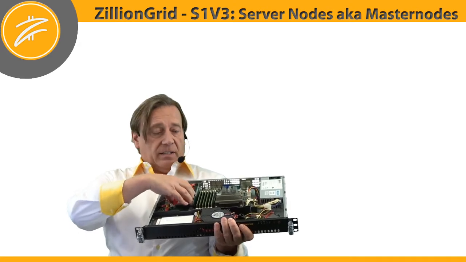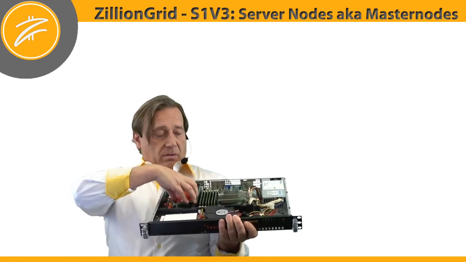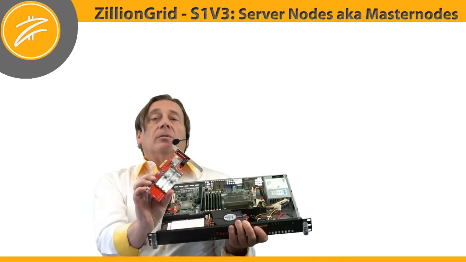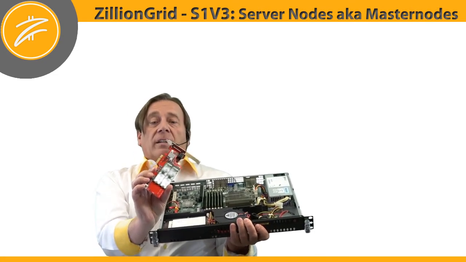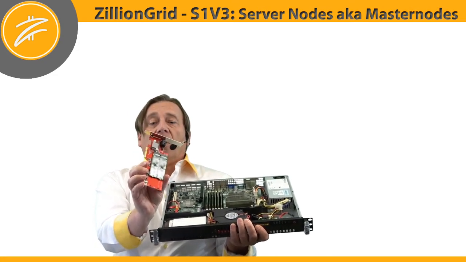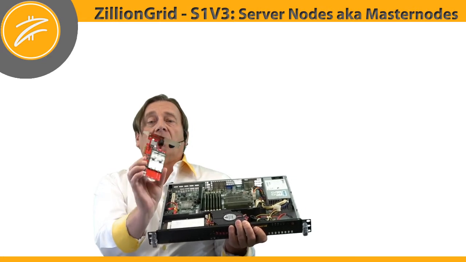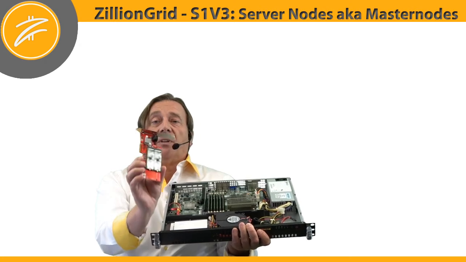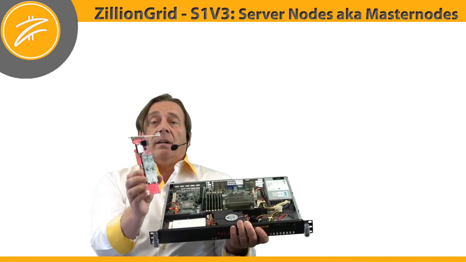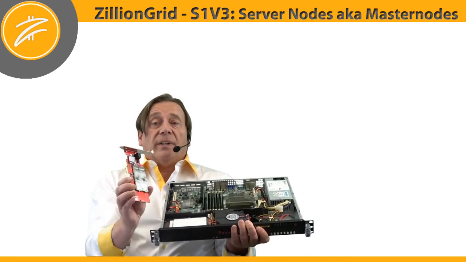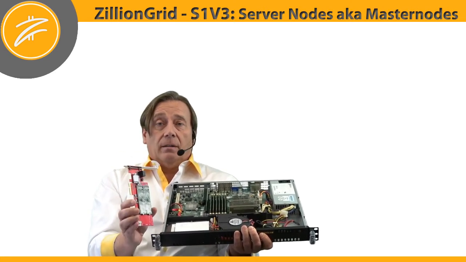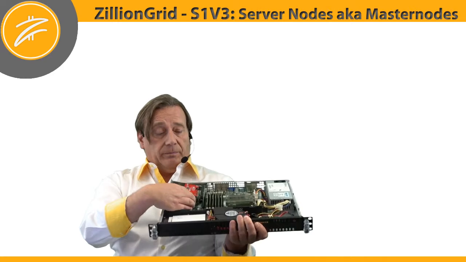But this is what we are most excited about. This is the M.2 RAID card. This is a 2 module card, but we can also have a 4 module card. The biggest M.2 modules are 2 terabytes now, so you can have up to 4 or 8 terabytes. Super fast M.2 NVMe formatted hard disk space.